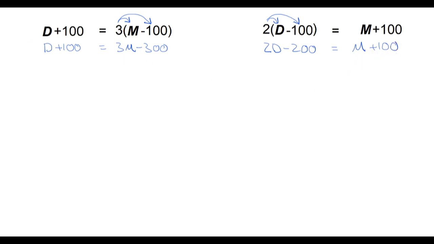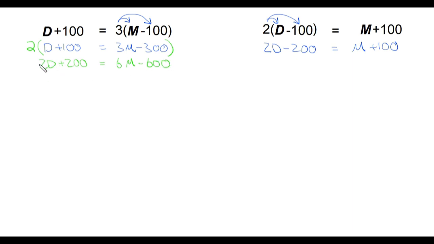Now, the next thing that I'd like to do is multiply all of this equation by 2. And when I do that, I end up with 2d plus 200 is equal to 6m minus 600.